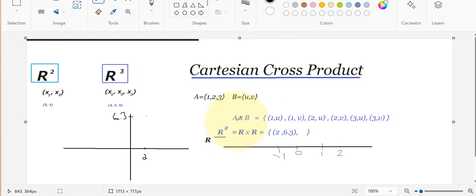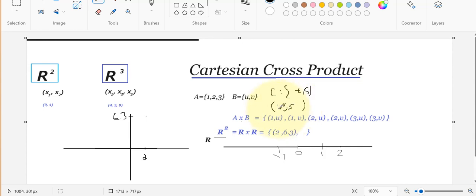And then we can also take the cross product of 3 sets. So you could do A cross B cross C, and that's going to give you ordered triples. Here we have 1, comma, v, and suppose we had some other set C equal to something else like t and s. Then we could do 1, comma, v, comma, s, for example.